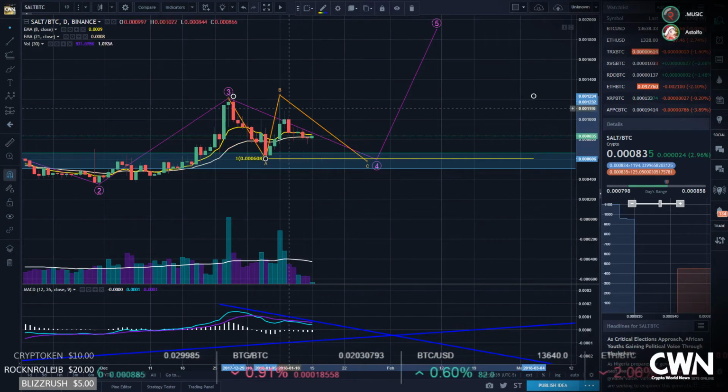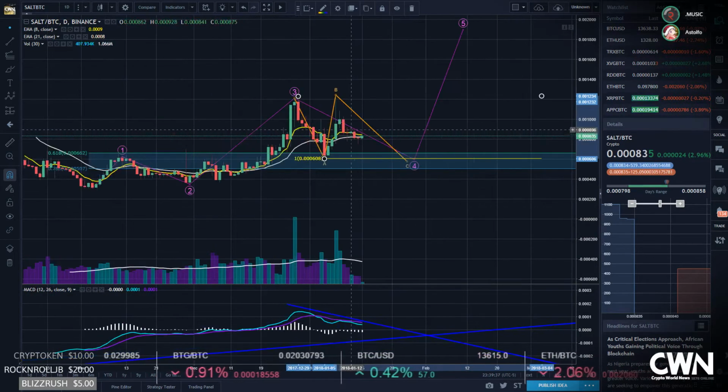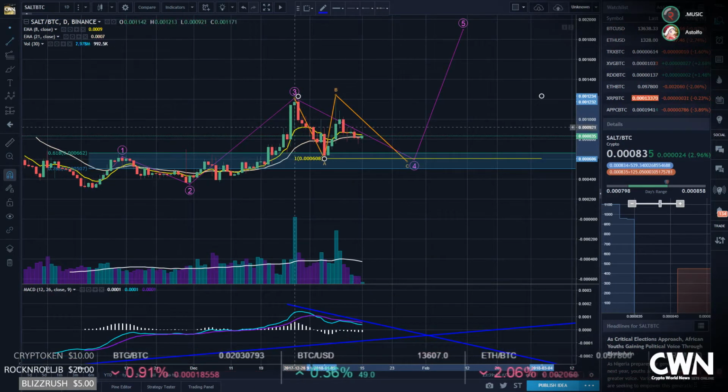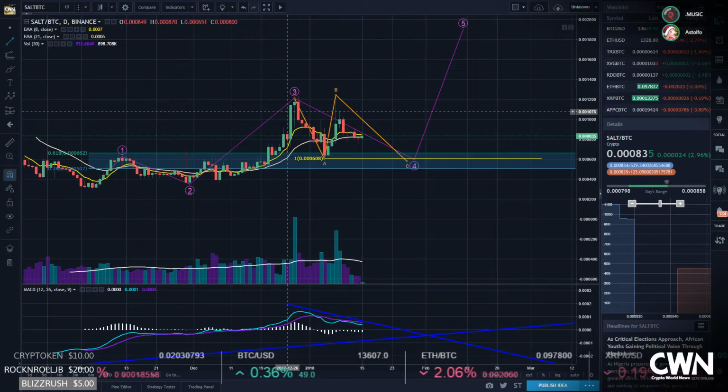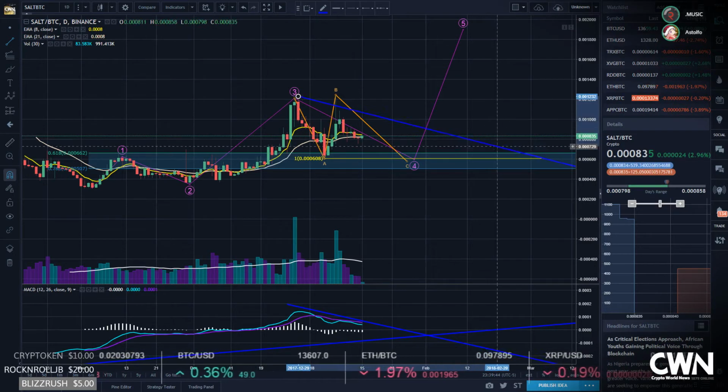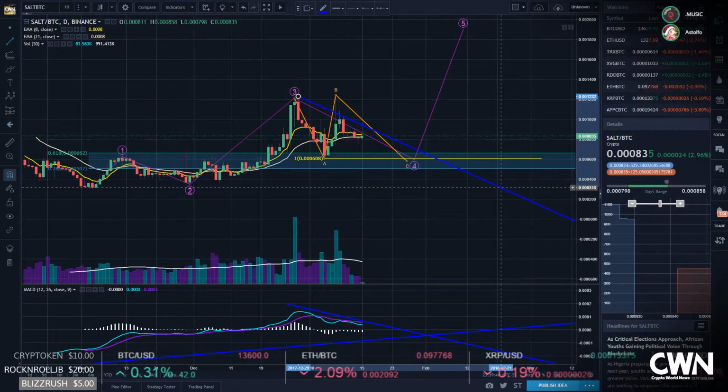There's our 100% A equals C projection. That would look better to me. That would be then a big flag, right? Kind of like that.